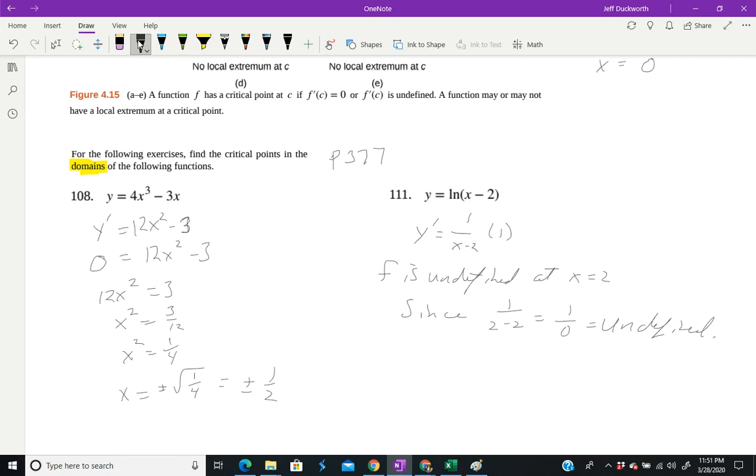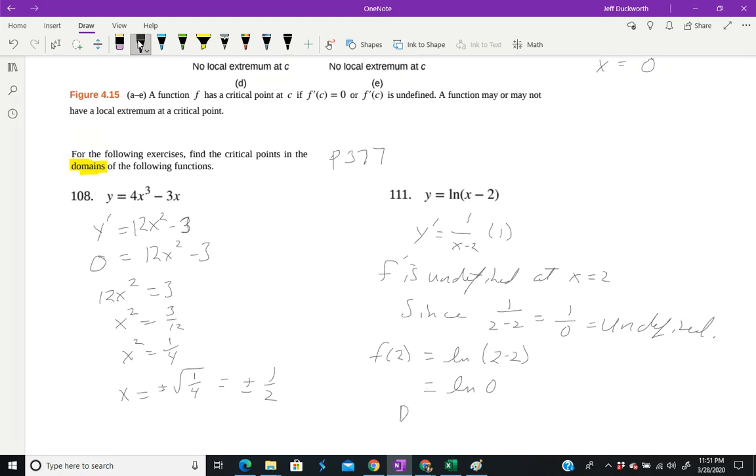So not f prime of 2, f of 2. I guess f prime is undefined at x equals 2, not f. Sorry, f will also be undefined, but we'll do that now. So f at 2, not f prime at 2, is going to equal the natural log of 2 minus 2, which is the natural log of 0. But the natural log is not defined at 0.